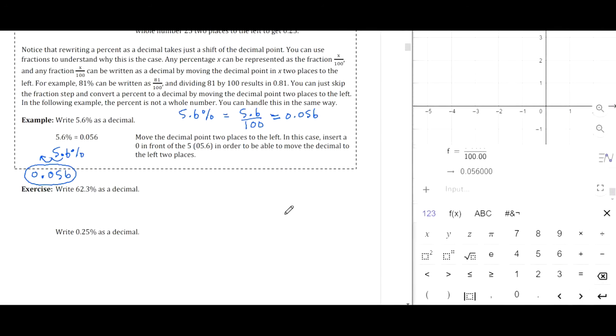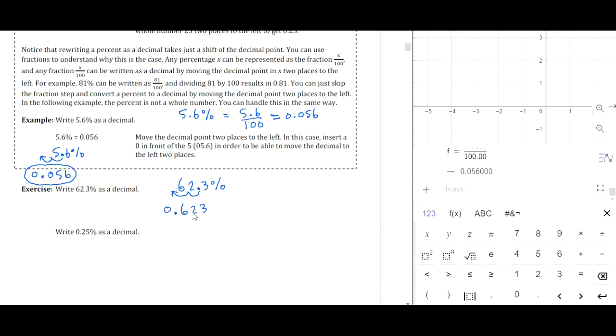Write 62.3% as a decimal. Same thing. We're going to take the decimal point, and we're going to move it 2 units to the left. So instead of being between the 2 and the 3, it's now to the left of the 6.